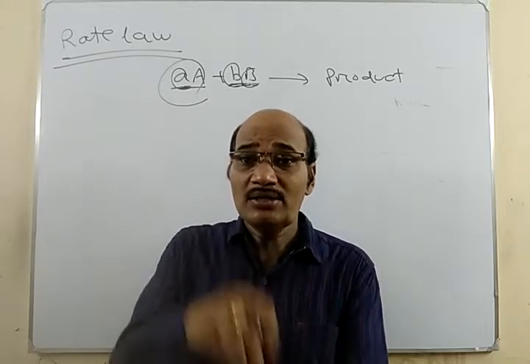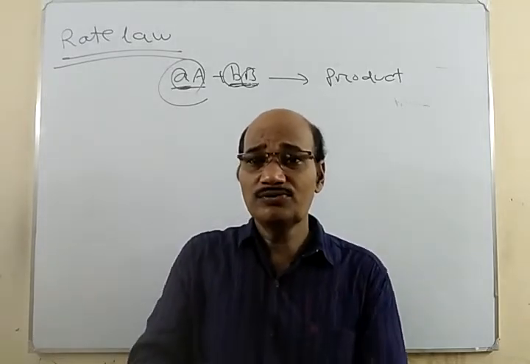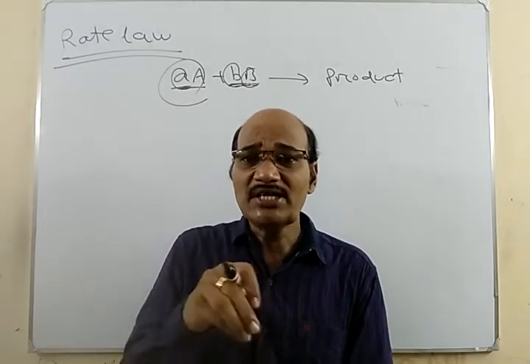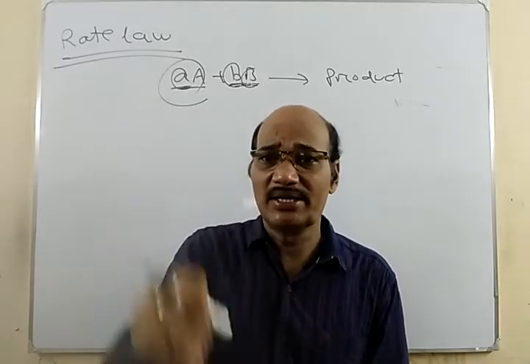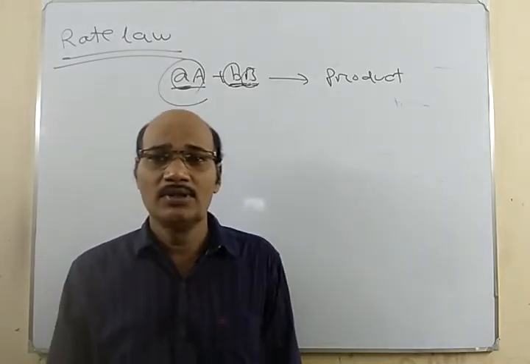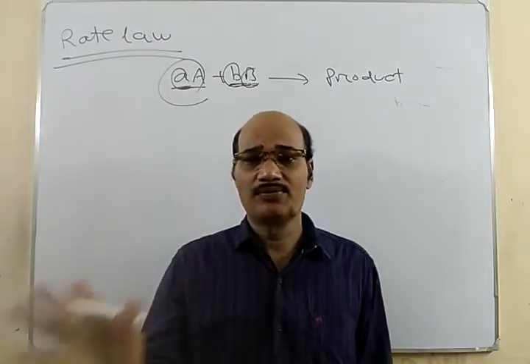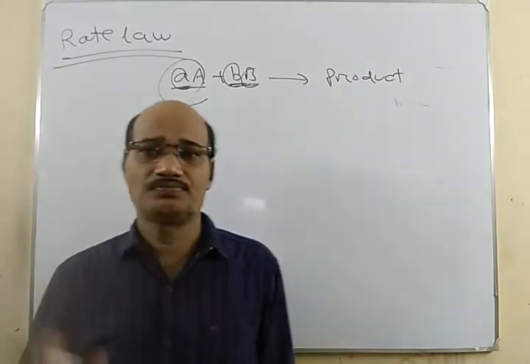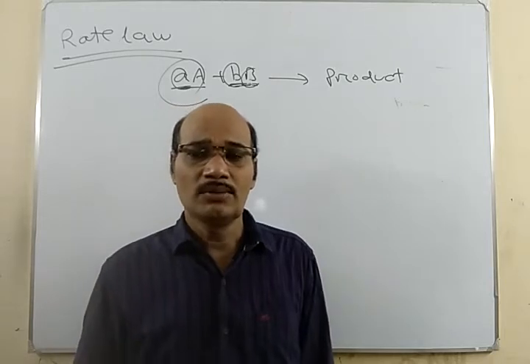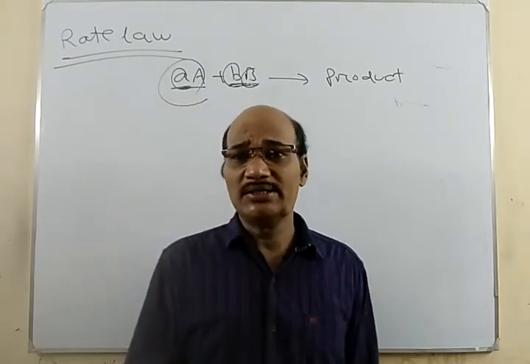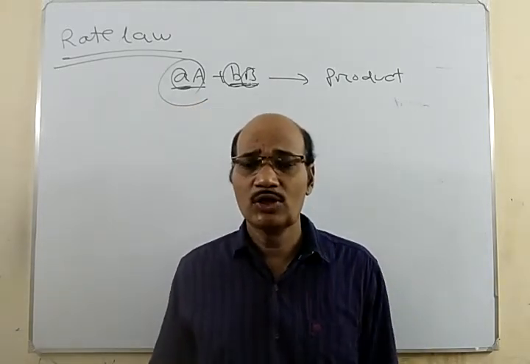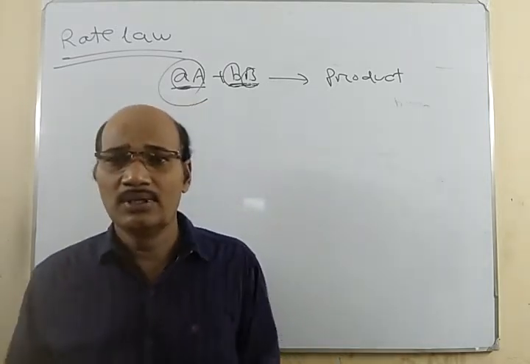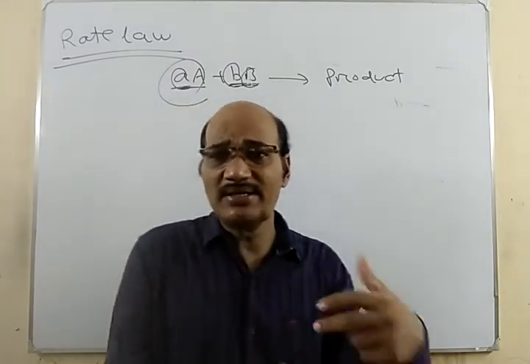So, what is the actual number of molecules which are participating in the chemical reaction? That we can determine when the reaction is going on. When we allow the reactants to react, we analyze the product and the remaining reactants.